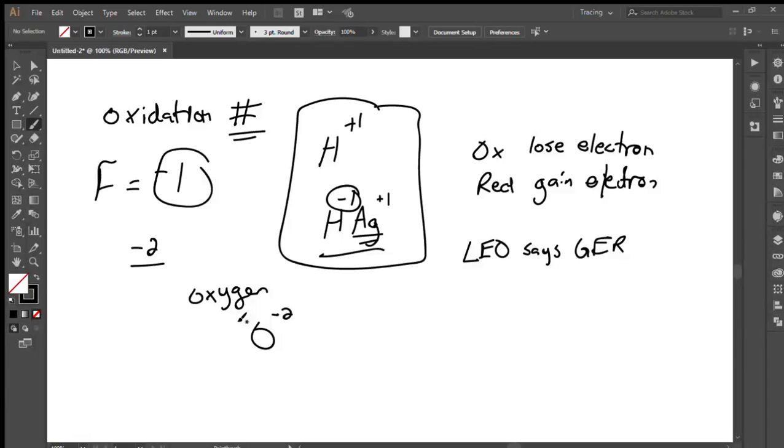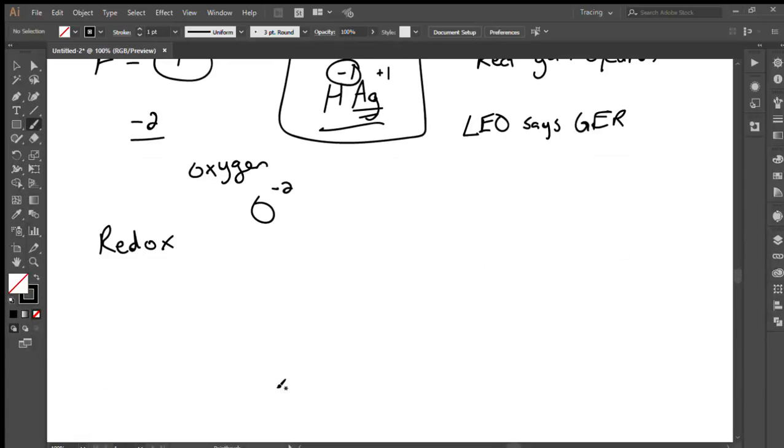Okay, so let's recognize oxidation reduction reactions, or reduction oxidation reactions, which are called redox reactions. So what makes a redox reaction? A redox reaction occurs only when an oxidation number changes.